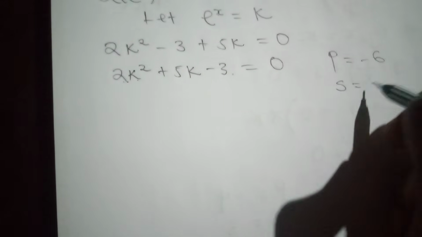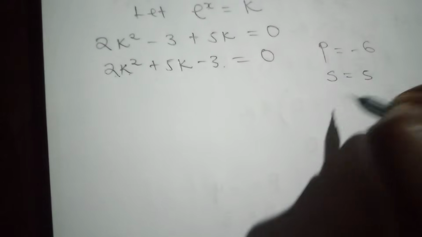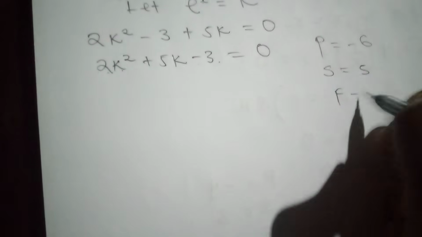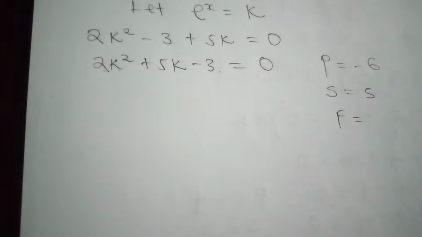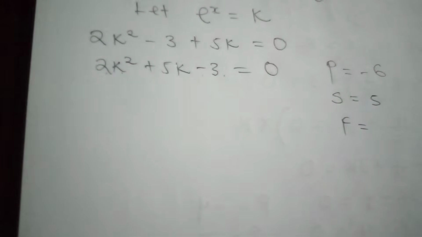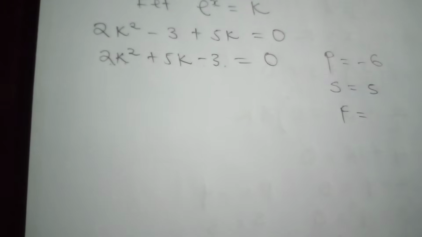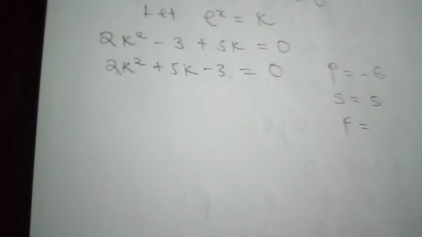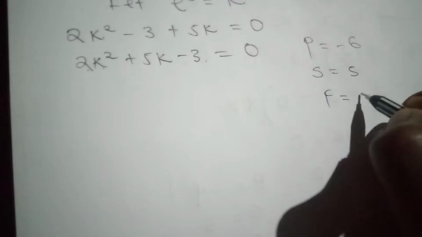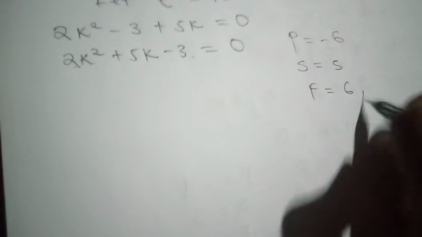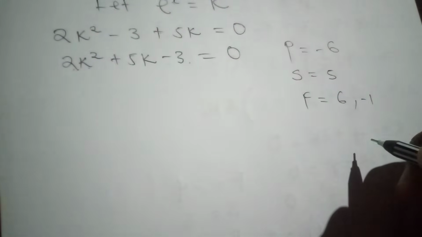And then the sum is positive 5. We need factors, numbers that when you multiply, you get the product, and when you add, you get the sum. So what are those numbers? That is 6 and negative 1.